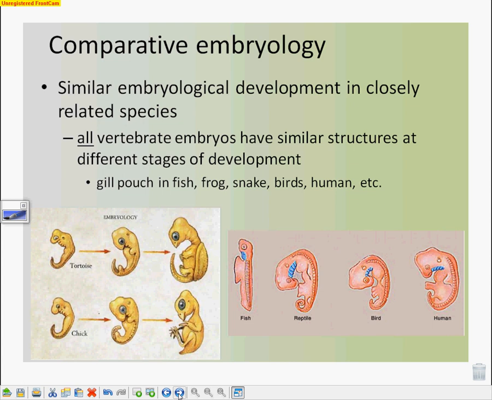We actually have gill pouches, and that's what's highlighted in blue on this slide. Ours will develop into our lung tissues, where a fish's develop into gills. It's interesting to see how the signaling that these cells get determines what they will develop into.